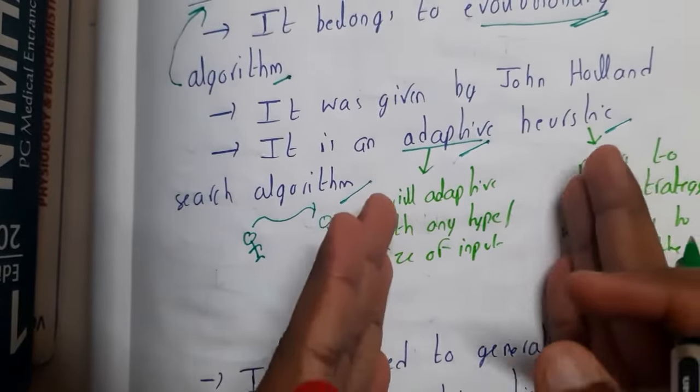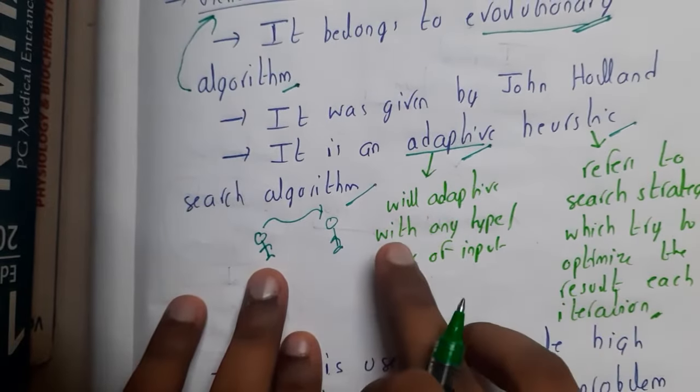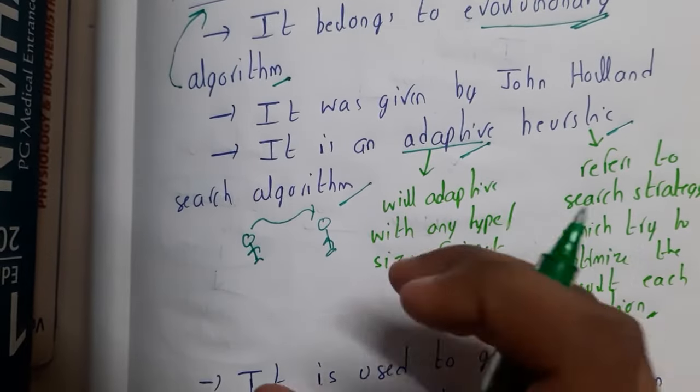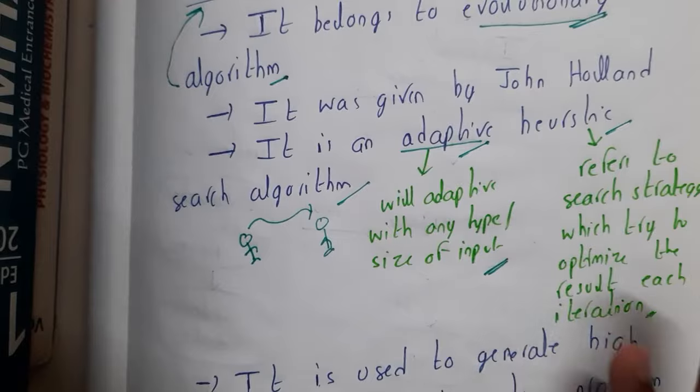Basically, the algorithm or method is ready to adapt to any kind of input or size. If it is working with 10 inputs and you give it 10,000 inputs, it will still work. That is how these algorithms are designed.